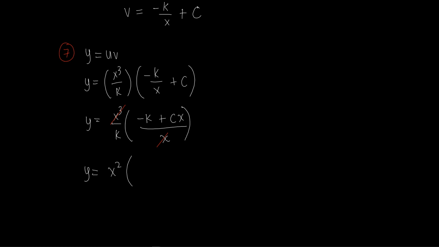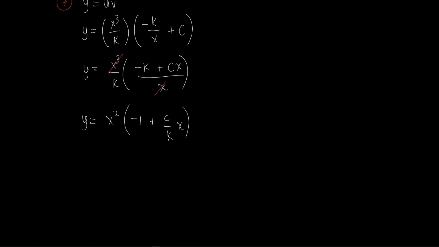Tapos, pag-distribute natin sa k, negative k over k is negative 1 na lang. Plus, multiply natin ito by k, so magiging c over k x. Pero yung c over k, still a c, kasi constant divide by constant, still a constant.